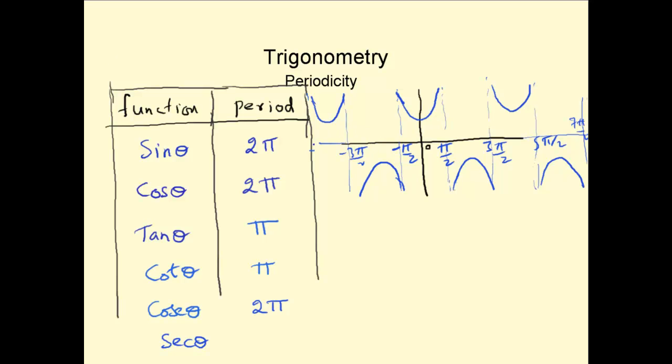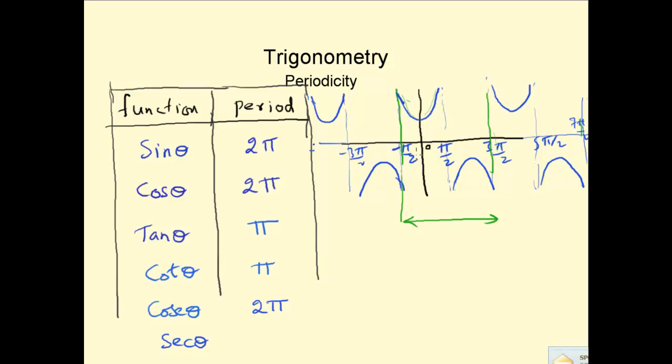Now let's see what the period is. This part of the graph from here to here, which are these two parts, repeat themselves, right? So it's from either here to here or here to here. Let's see what's the angle from here to here.